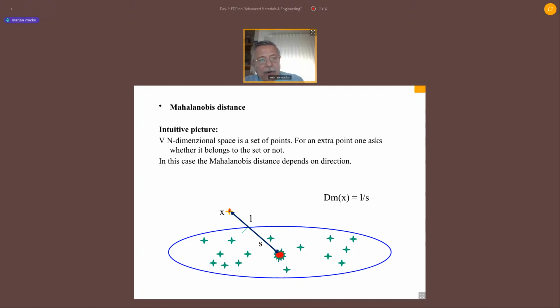Or is it an outlier? And the Mahalanobis distance answers this. For example, in this case, this distance depends on the direction. If the point is in this direction, somehow perpendicular to the data, the distance will be larger. If the point is here, the Mahalanobis distance would be shorter. I will show this in the example.